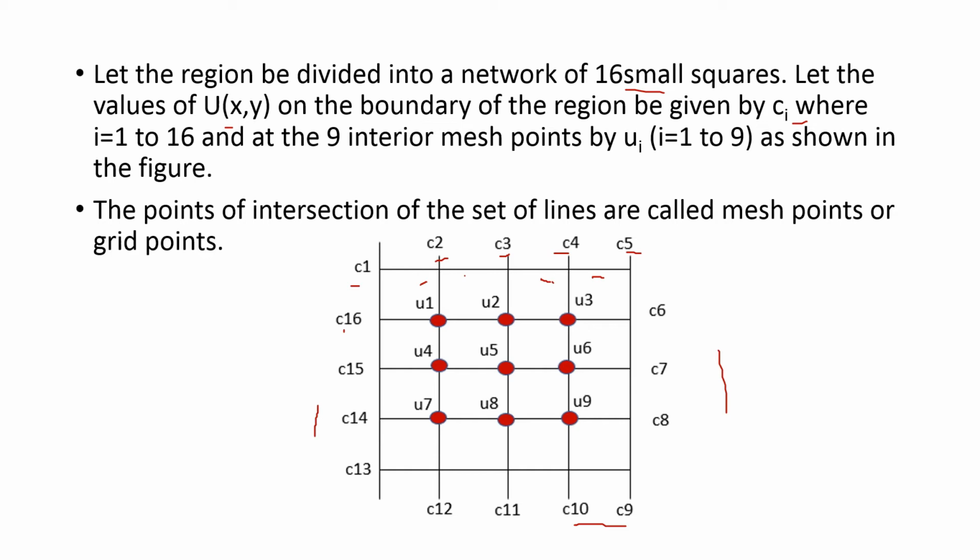The values are ui, i equal to 1 to 9, as shown in the figure. The points of intersection of the set of lines are called mesh points or grid points.